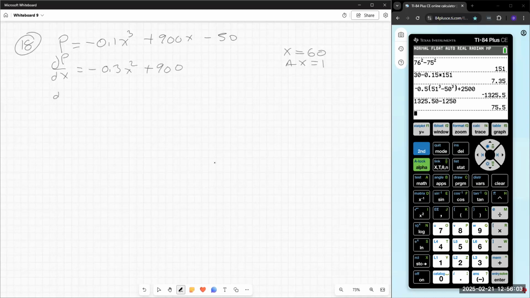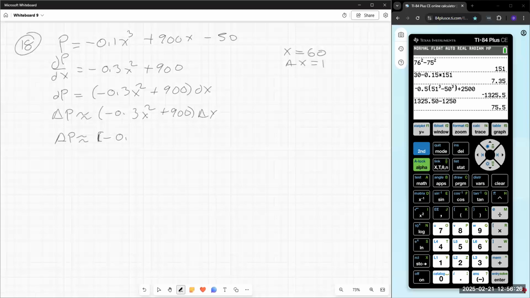So dP is exactly equal to (negative 0.3x squared plus 900) dx. So delta P is approximately (negative 0.3x squared plus 900) delta x. Delta P is approximately negative 0.3 times 60 squared plus 900 times 1.